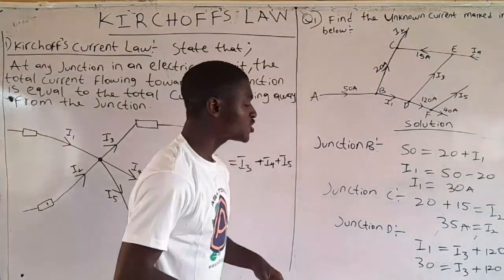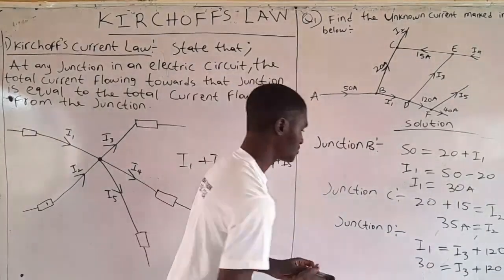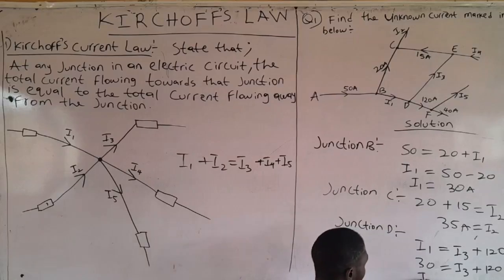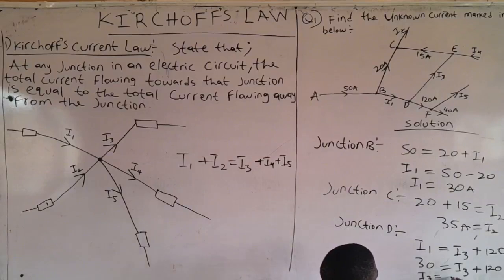Now, you make I3 the subject of the formula. So I3 is equal to 30 minus 120. So our I3 is equal to what? 30 minus 120 becomes minus 90 amperes.